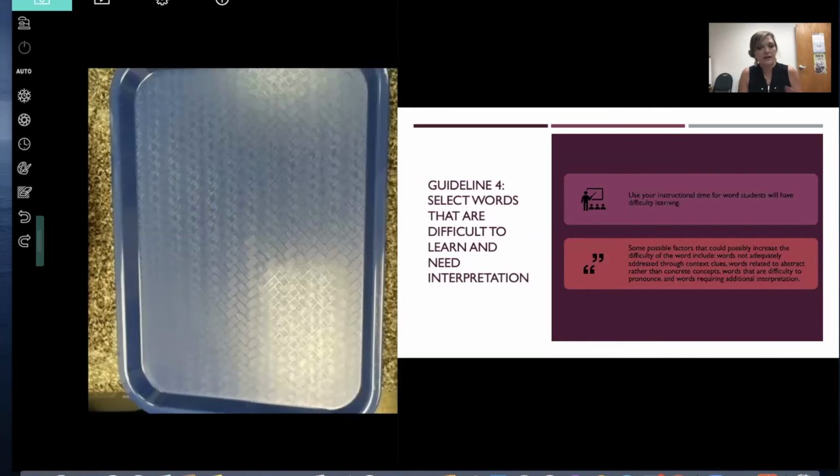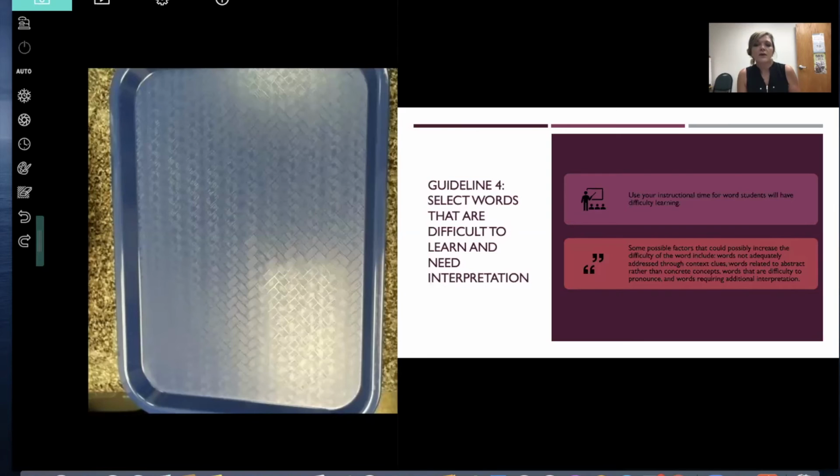And when we talked about inferencing yesterday, sometimes our kids are good at being able to, if it's written in that text, many kids can go and find, oh, here, this word means this because it's right there in the text, and they're using those context clues. But sometimes, as we know, some words are in our text and they don't have context clues. So those may be some vocabulary words that you might need to spend some time on.